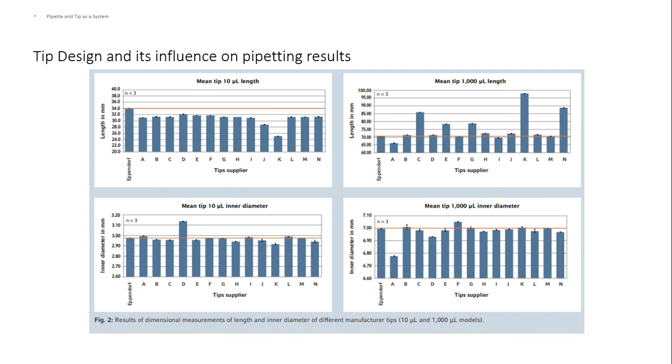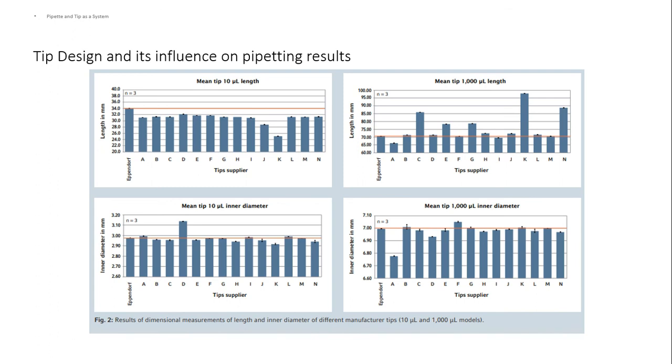The upper part is the mean length of the pipette tip. We have both 10 and 1000 microliter. At the upper part we have the mean length and the bottom part is the diameter.